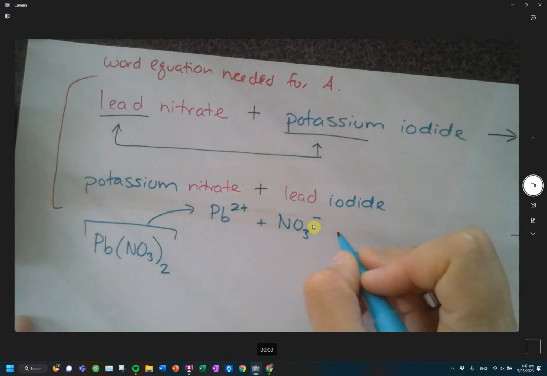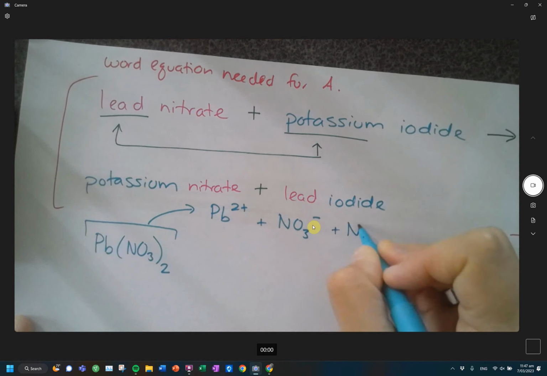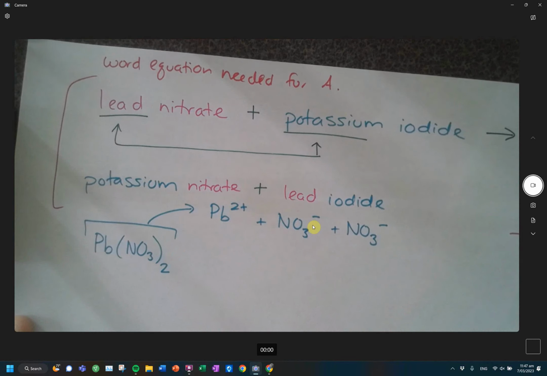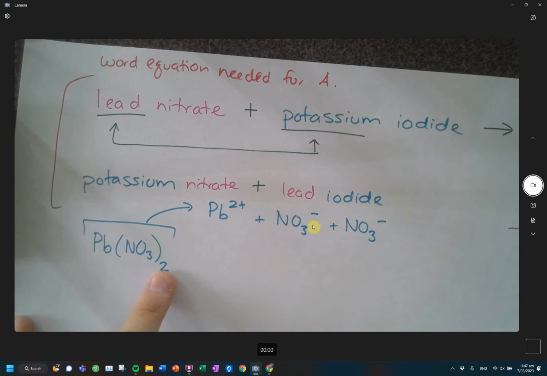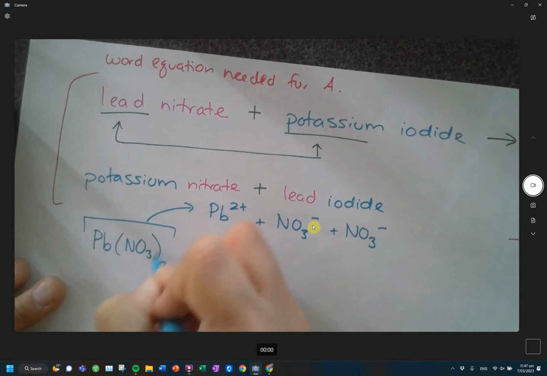So I add a second nitrate, so that way it adds up to 0. So when I write the formula, I write Pb NO3. Now since I have 2 of them, I need to put them in brackets.